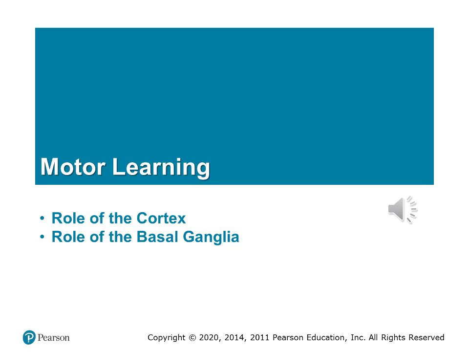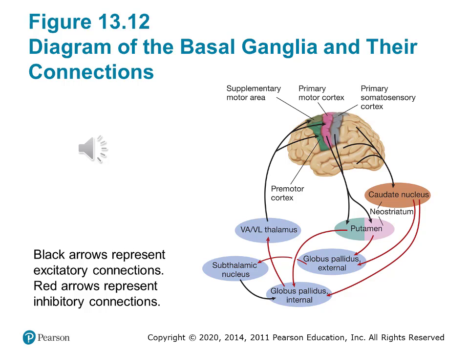So now we're going to talk about the role of the cortex and the basal ganglia specifically in motor learning. By now you're pretty familiar with this diagram. What I want to do now is focus on the role of the cortex and the basal ganglia in motor learning.